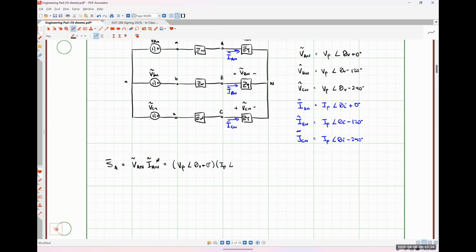So that's going to look like negative theta I, and I'm just going to put minus 0 degrees for what it's worth. Okay. Multiplying these two polar form complex numbers together, I'm just simply going to get VP times IP is my magnitude with an angle of theta V plus negative theta I. So that'll be just theta V minus theta I.